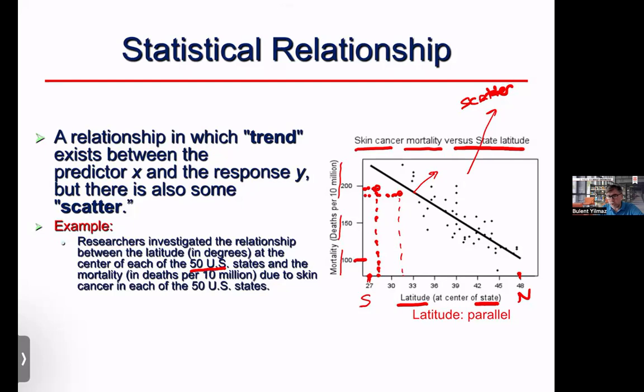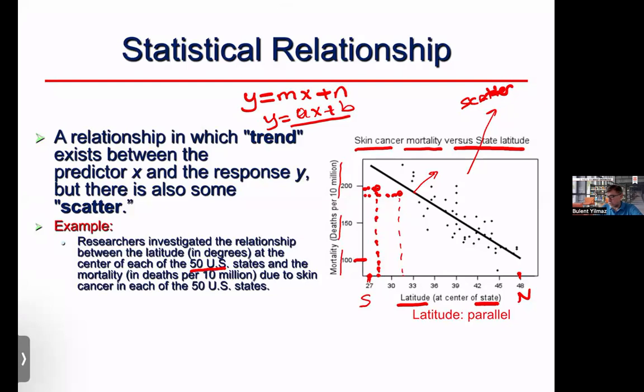I'm trying to find out the relationship. I want to come up with a kind of equation. If you remember from high school, we were writing y equals mx plus n, or y equals ax plus b, right? Similarly, using these scatter plots, using x and y values, which are statistical values, which are random, not deterministic, not like a simple conversion kind of thing, I will be able to come up with this y equals mx plus n kind of relationship, which is called statistical relationship.